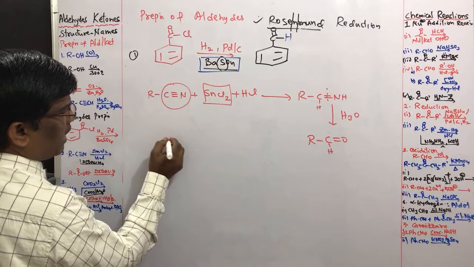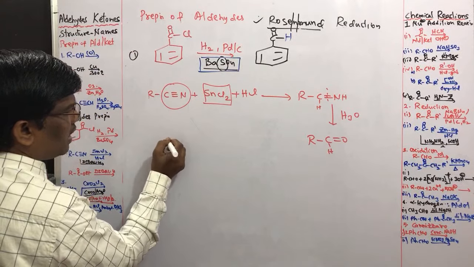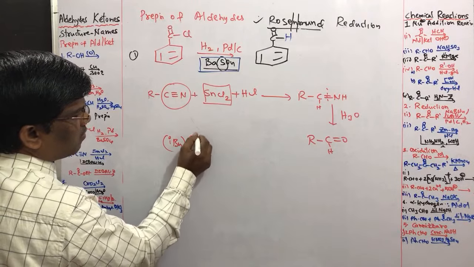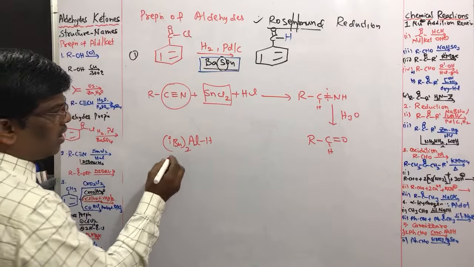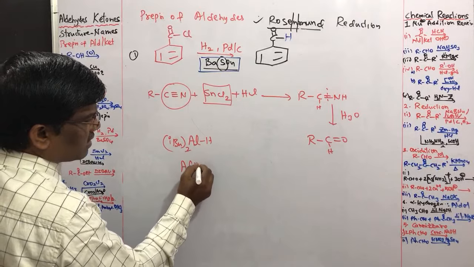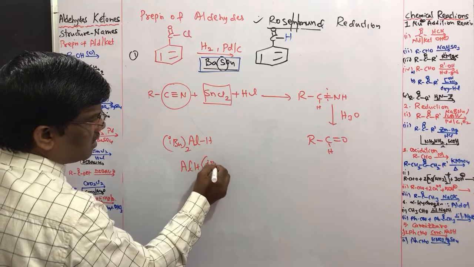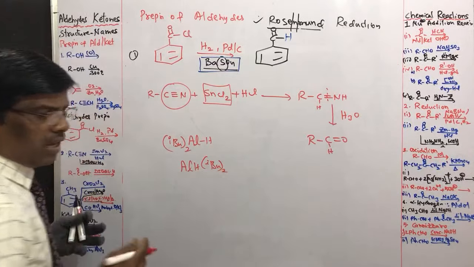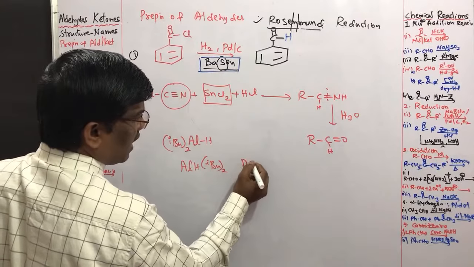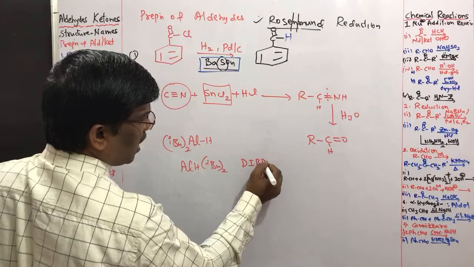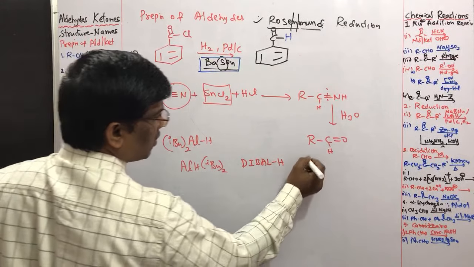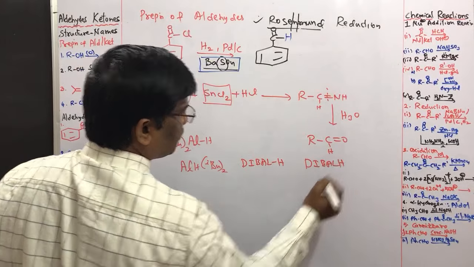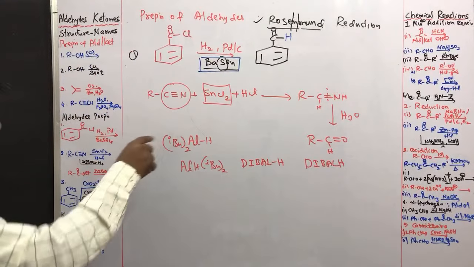It can be written as diisobutyl aluminum hydride, or you can get it like this. The representation is important, students, because you may get it in the exam in any form, or you can write it as DIBAL-H, or you can get it as DIBAL-H, no space. So what is this reagent?